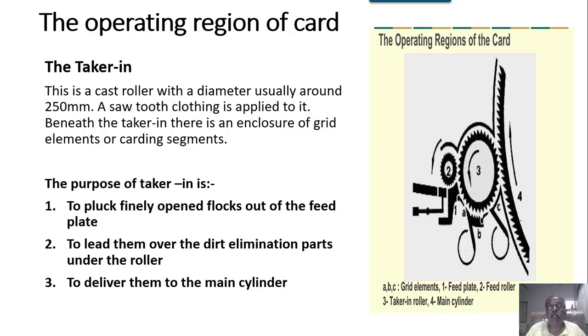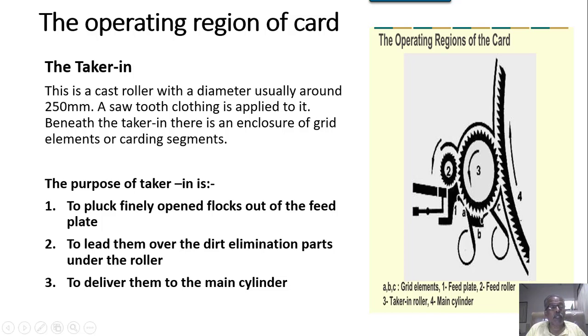The Tickering zone, now actually what exactly is there in case of the Tickering zone, we can see here. Already we have discussed this, but quickly we'll go through this one. Diameter of around 250 millimeters. Sawtooth clothing is applied on the Likkerin, and there is an enclosure of grid elements or the carding elements. So they are there in case of this particular thing.